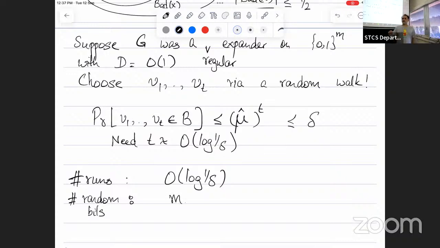But from that point onwards, I need to do this random walk, so I choose t neighbors, one at a time. Every vertex has only d neighbors because it's a d-regular graph, so to specify a neighbor I just need log d random bits. So this is going to be m plus t minus 1 times log d.